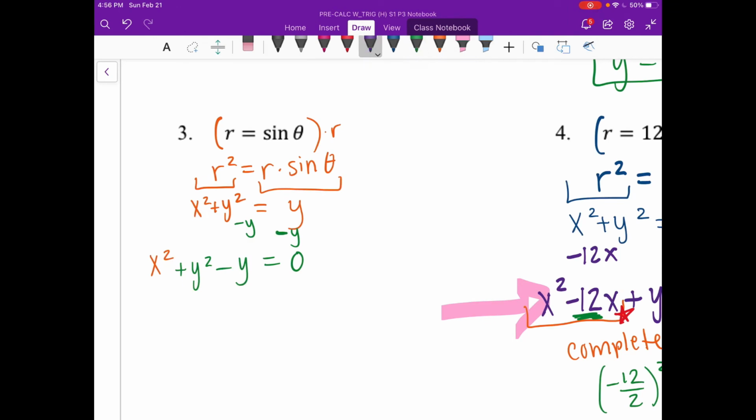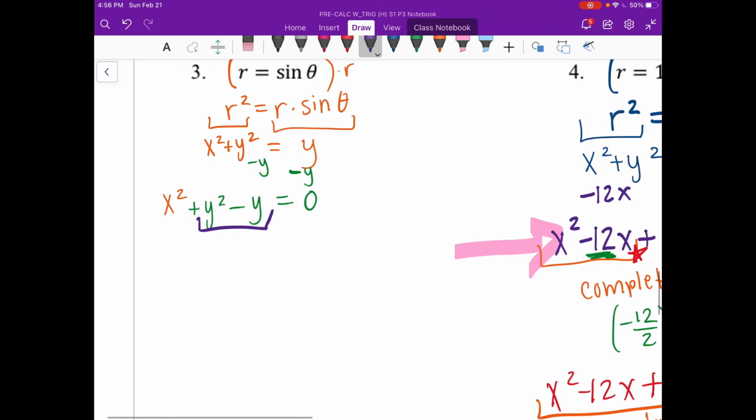This is the part of the equation that I have to convert to one term, like I did in example 4. So in order to do this, I need to complete the square again. In this case, my b value is negative 1, so I'm doing negative 1/2 squared, and that's going to give me 1/4. This is what you're going to add to both sides of the equation.